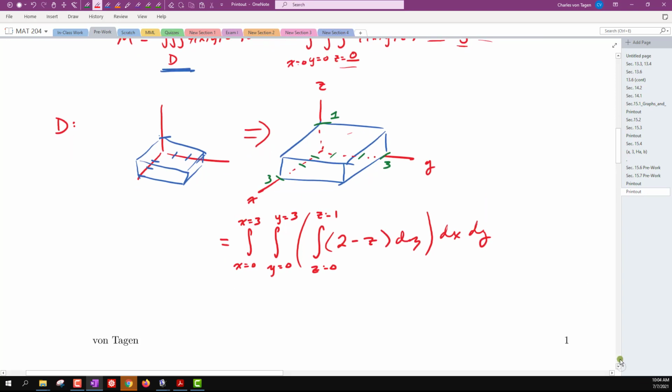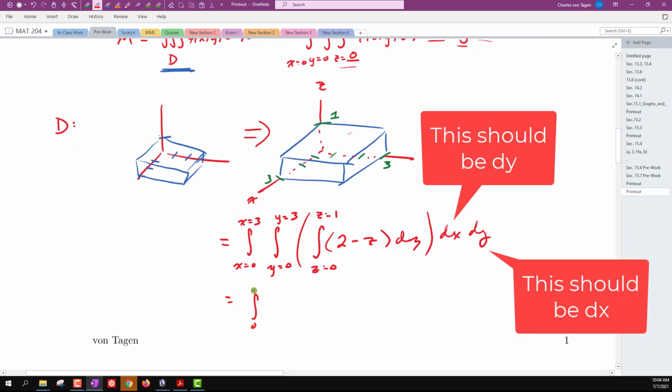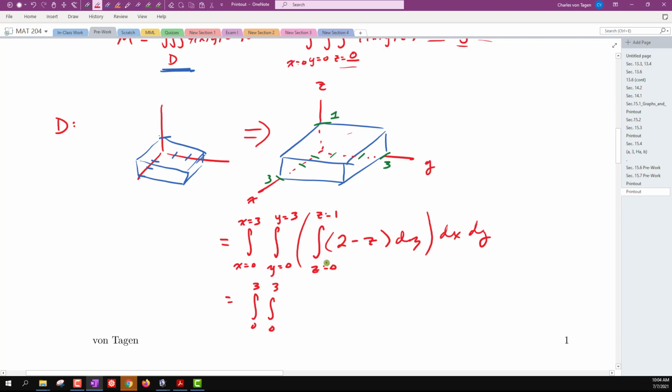So evaluating that innermost integral gives us the integral from 0 to 3, from 0 to 3, and then here we're ready to evaluate this. This would be 2z minus 1/2 z squared, evaluated between 0 and 1, and then we'll have dy dx, and folks, I've got an error here. I've changed that order up. That should be dy dx, right? That should align with the middle integral.